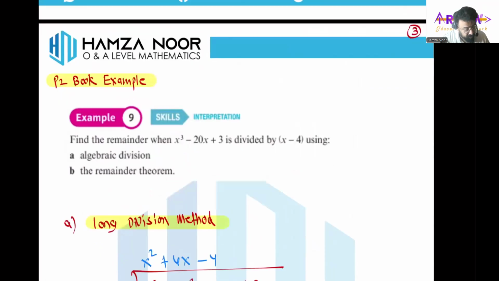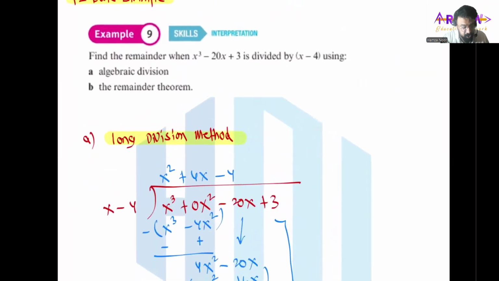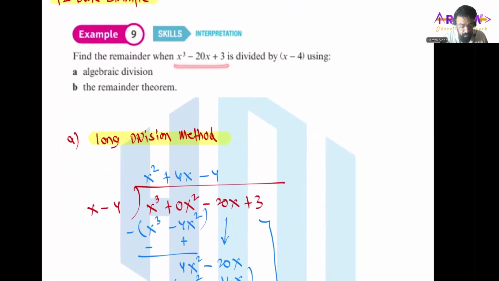Okay, so first thing first, we need to divide this cubic polynomial by x minus 4. As you are already aware, when you are using the long division method, you need to write a polynomial in a strict sequence. So this is a cubic polynomial, so x cube, and then conceptually there should be a term in x square, but the term in x square is not over here.